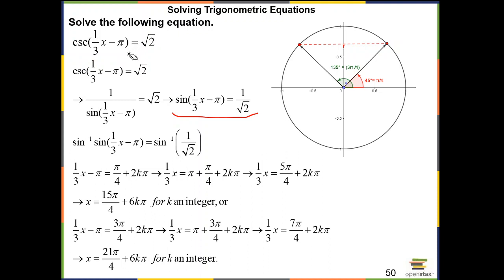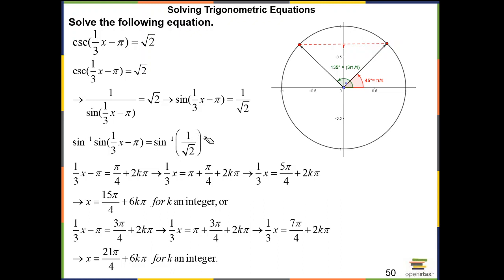And now what is the answer? Well, we are going to take sine inverse of both sides here. And we end up with 1/3 x minus pi equals, now, what is sine inverse of 1 over square root of 2? Well, 1 over square root of 2 is some number.